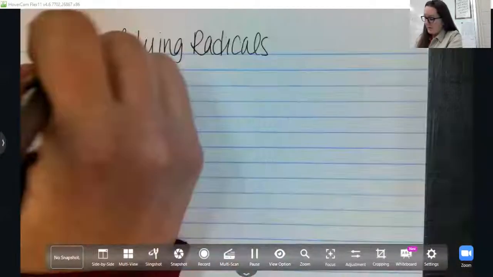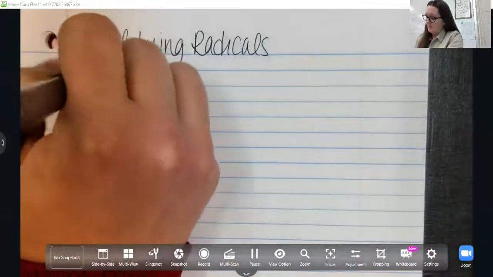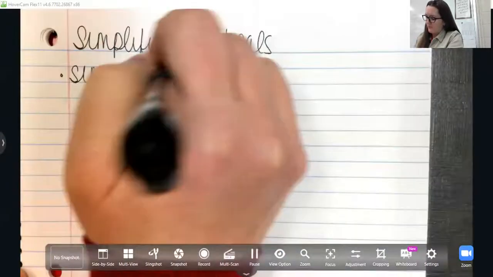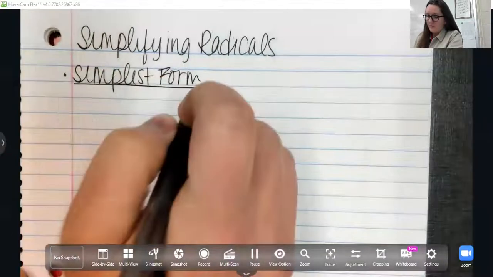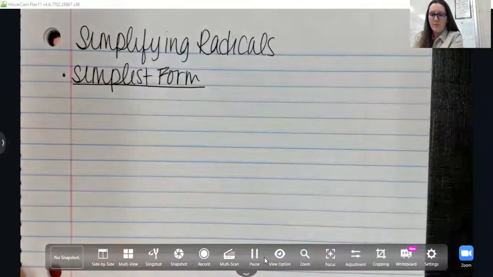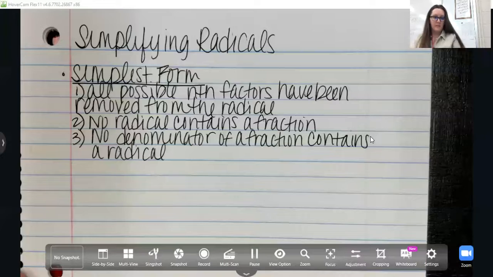Here's how we know if something is in simplest form. So this is a test when you feel like you have completed simplest form, check this to make sure that it's true. All right, if you will copy these down, here's how you know if your radical is simplified.